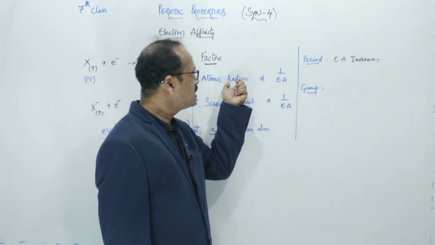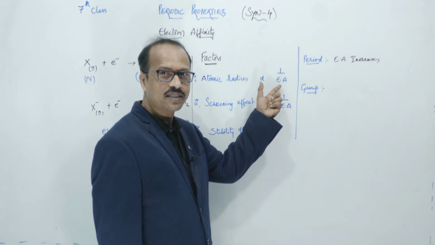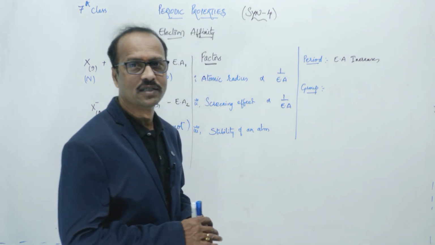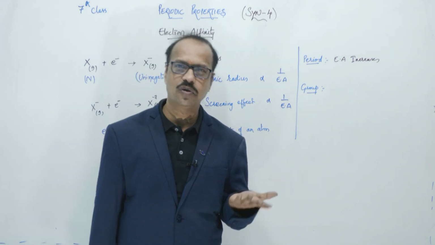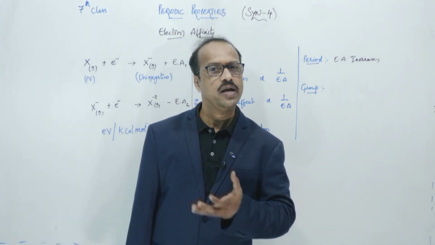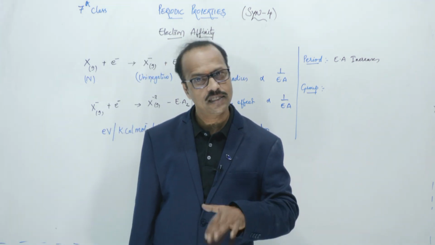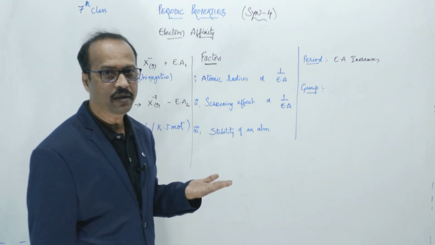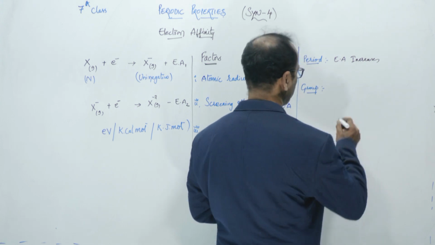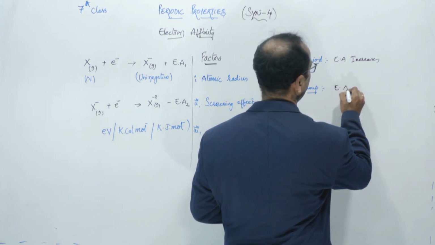So as atomic radius decreases, electron affinity increases, because these both are inversely proportional to each other, right? If they ask you the reason, you say, as you are moving from left to right, the atomic size decreases and electron affinity increases. Now the group: what happens? Electron affinity decreases.